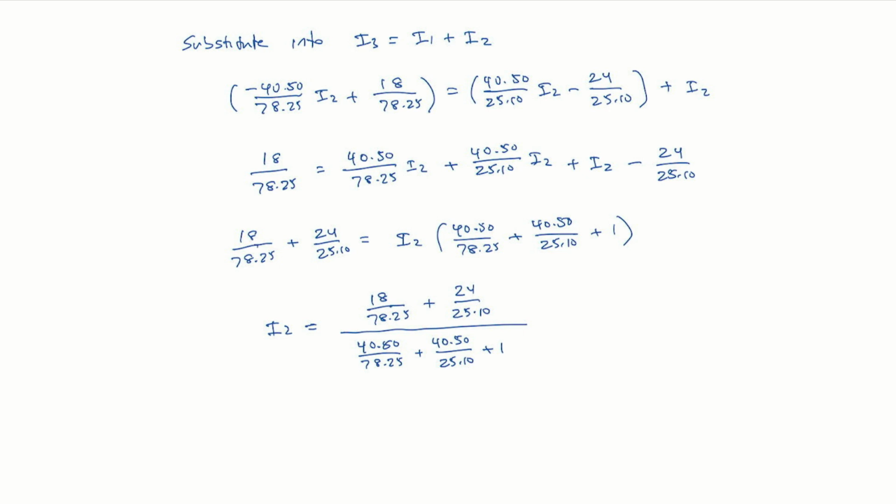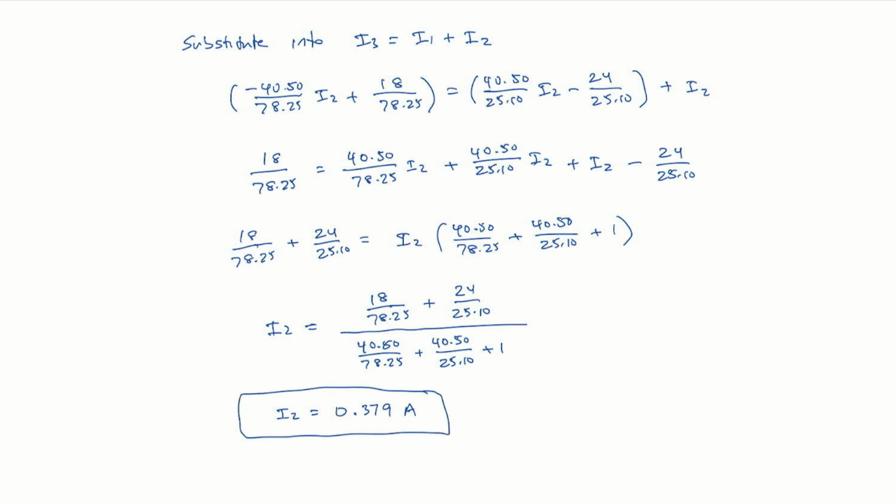Okay, I did that in the calculator, and I found that I2 rounds to 0.379 amps. So there's one of the currents.